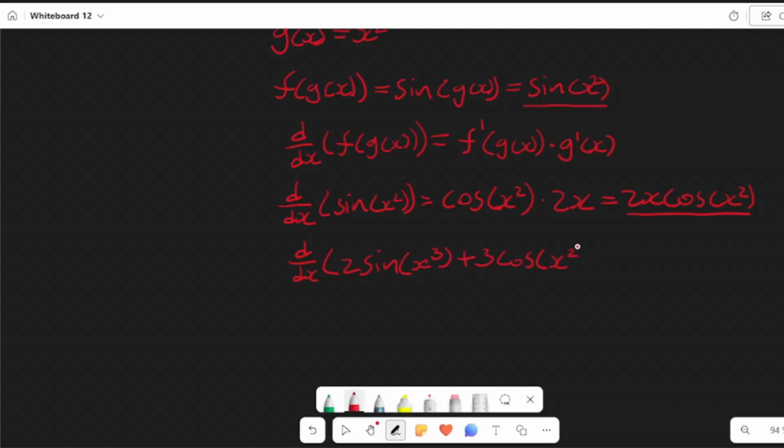So I suggest solving this. Of course, every single problem that I present here, I do recommend you to solve on your own, because mathematics is usually not a subject where you pretty much listen and you know immediately what you're doing. Instead, it's more of a subject where you need to do your own problems in order to become better at it. So here's our second example. The derivative of 2 sine of x cubed plus 3 cosine of x squared.